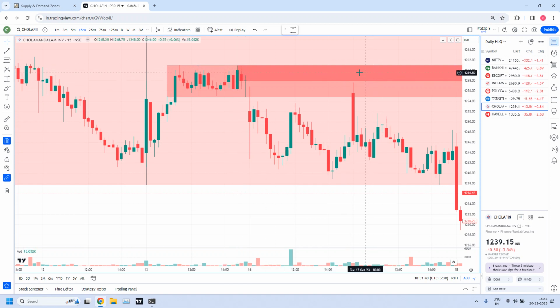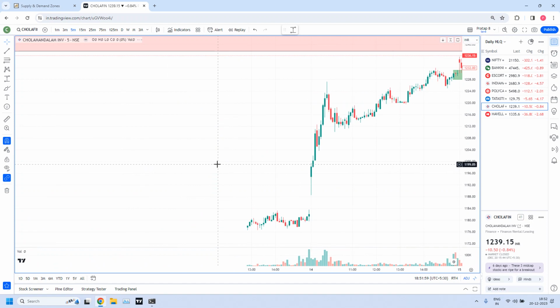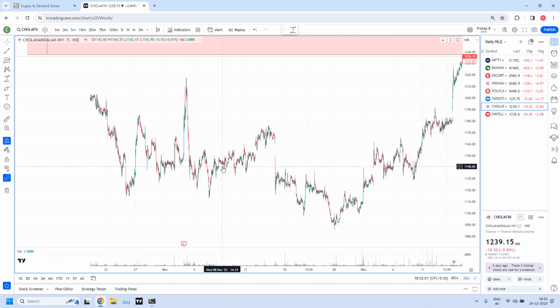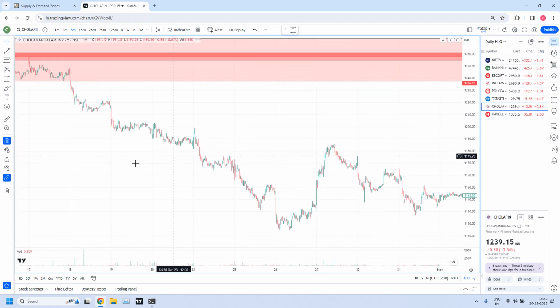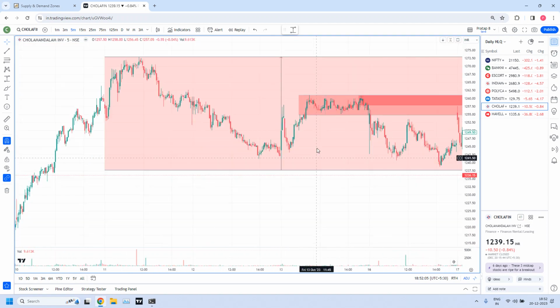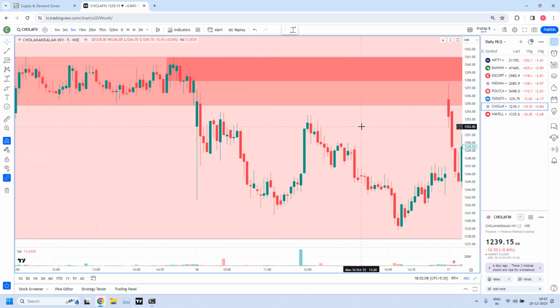You may ask a question: can't we take a deep entry? Yes, you can plan that. But here there is a rejection, which means whenever there is a rejection, there are higher chances of just hitting this zone and again coming down. But you need to analyze the 5-minute zone to check the structure of the price candles. Look into the price candle structure.